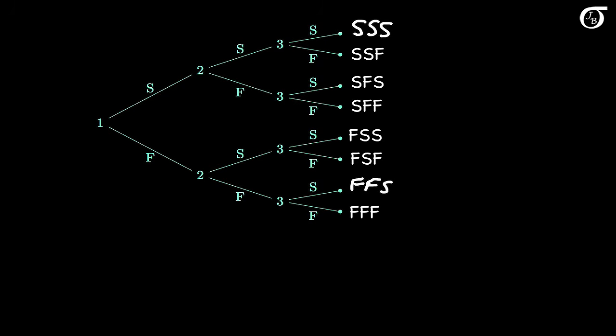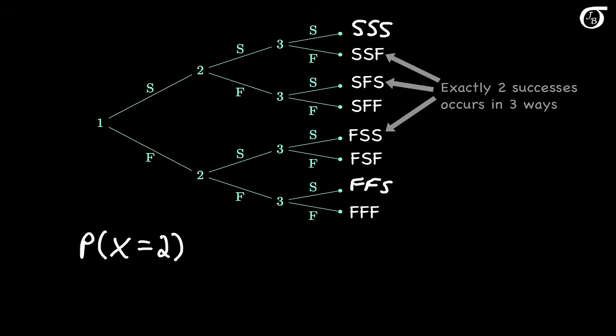Now suppose we wanted to find the probability, as we did in the die example, of exactly 2 successes in 3 trials. Or in other words, the probability our random variable x, representing the number of successes, takes on the value 2. Well, if we look at these possibilities, 2 successes occurs 3 times.